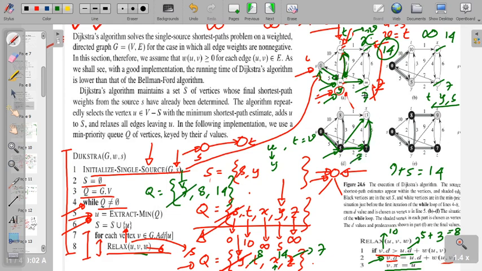Then we have to check whether its adjacent vertices can be reached from there in a less costly way. So like this, we have to keep on updating the list. And once all the adjacent vertices of this are taken into consideration, it is blackened.